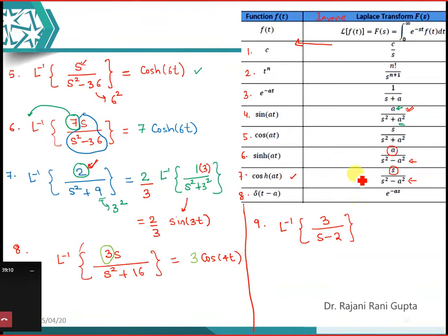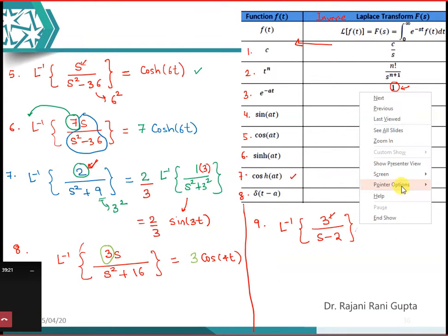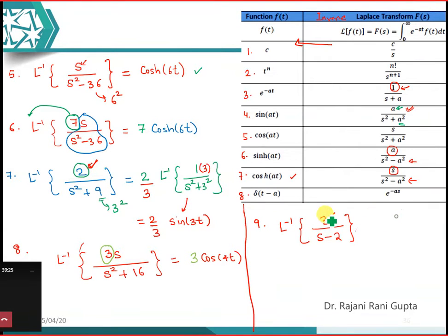And in rule number 3, we need here 1, right? But what we have is 3. We don't need it. So again, we take this 3 outside. We move it outside. So this gives you 3 times Laplace inverse of 1 over s minus 2.